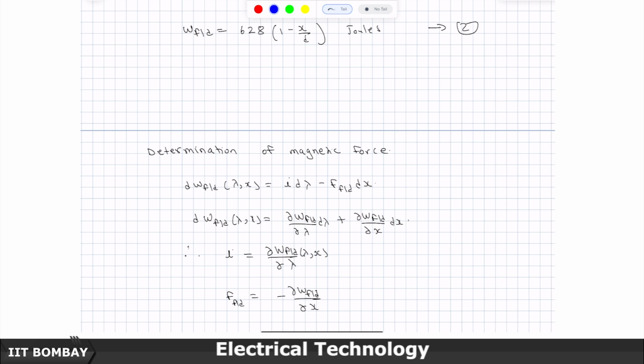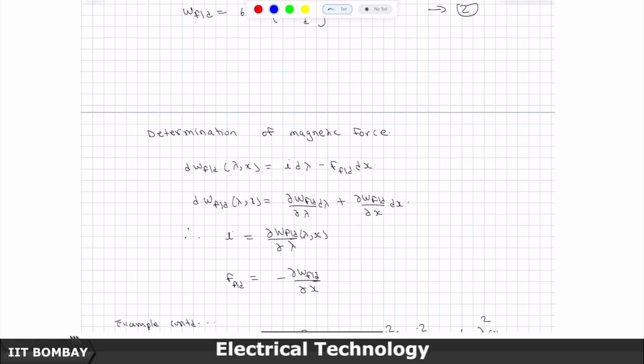So I go back to the incremental energy balance equation that we had written earlier, which said that the incremental electrical energy pumped in, minus the incremental mechanical work done, should be equal to the incremental field energy stored in a lossless system.